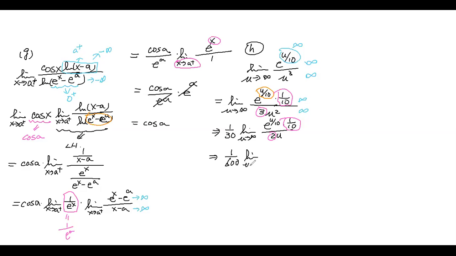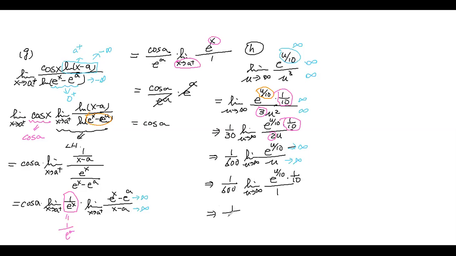Then the limit as u approaches infinity of u over e^(u/10). So I plug u into infinity, and this is infinity over infinity here, right? So what do we do here? One more time. So this is 1 over 600, the limit as u approaches infinity. You take the derivative of u, which is 1. The exponential is e^(u/10), and the chain rule again.